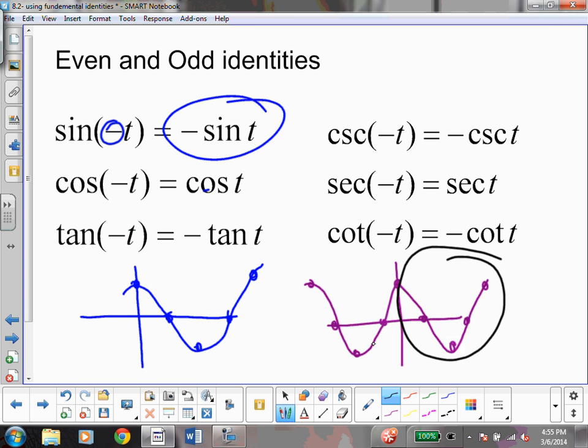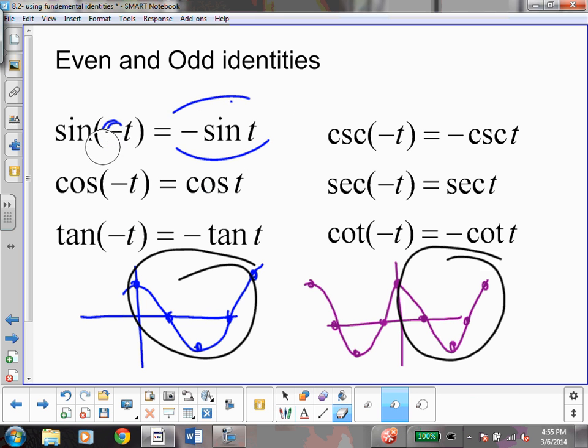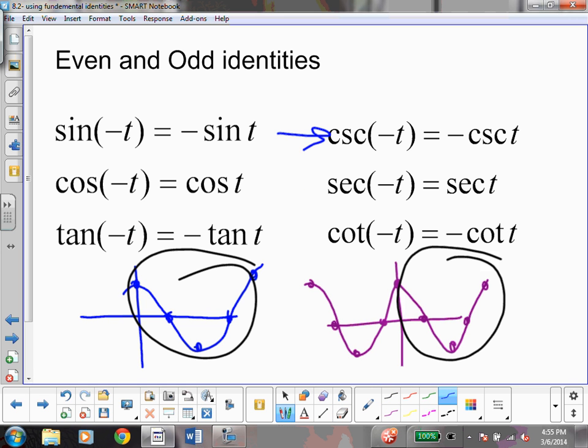Compare 0 to 2 pi and 0 to 2 pi in both functions, they're exactly the same. So, cosine of negative t is still just cosine of t. And these variables could be anything. They could be x's, they could be thetas. It doesn't matter. Just like before, cosecant and secant have the same properties as sine and cosine. And then the tangent and the cotangent also end up just negating the whole function. We'll work with these more in class, but I wanted to give you a bit of an introduction of them beforehand.